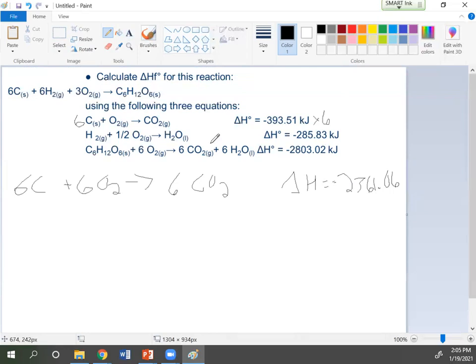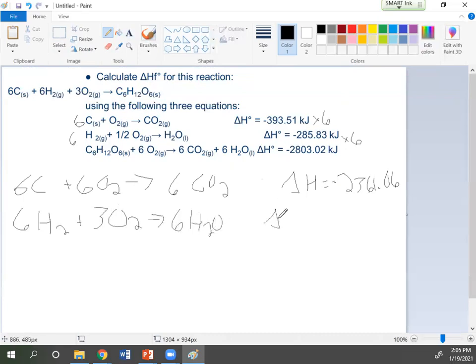Second equation, what do I need to do? Multiply by 6, because I need 6 H's. I only got 1 here, so multiply by 6. So that gives me 6H2 plus 3O2 yields 6H2O.